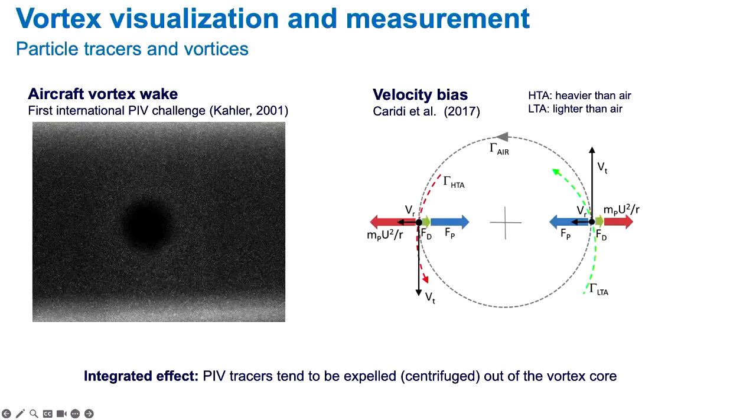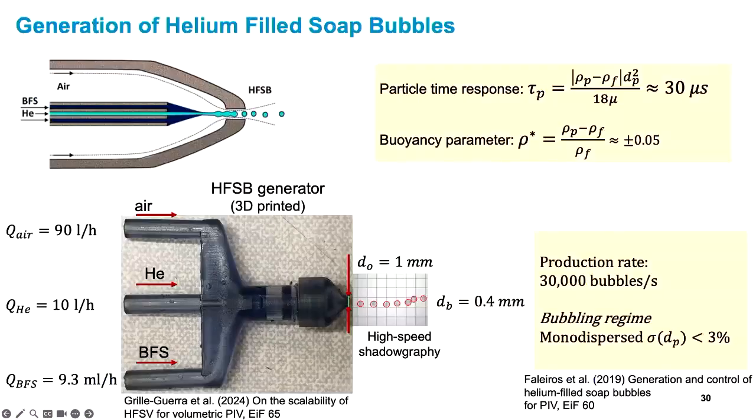And this is a scheme that shows you the trajectory of a particle heavier than air, HTA, and a particle that is instead lighter than air. So is it possible to engineer tracers that are lighter than air such that we will have back some particles in the core? And this is what can be done with helium-filled bubbles.